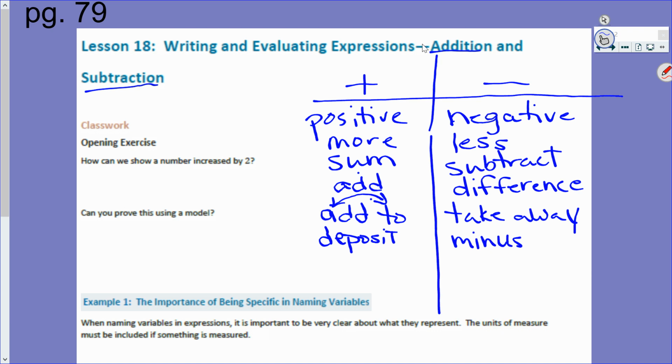Chance? Divide. We'll get to divide later. We'll do multiplication and division. Any more, Aiden? Withdraw. So that's going to take them away. You guys have missed a couple of our big switching phrases. Aiden? Plus.